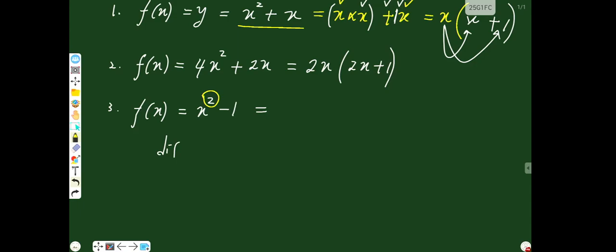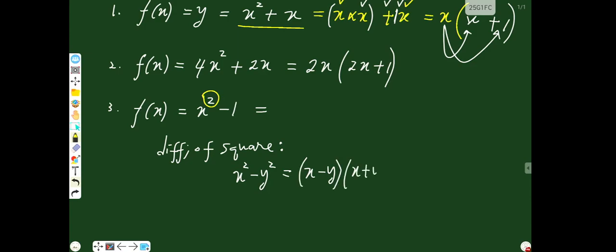If you remember, the difference of squares, x squared minus y squared, can be written as (x minus y)(x plus y), and that is again factorization.